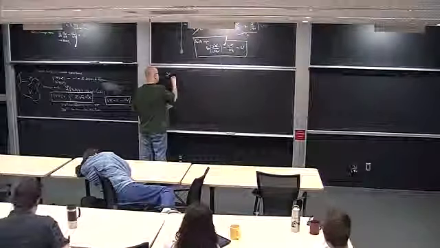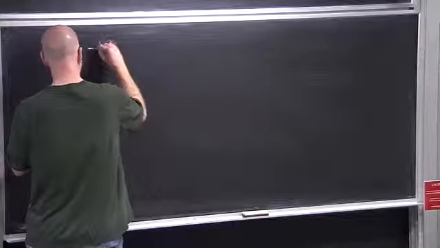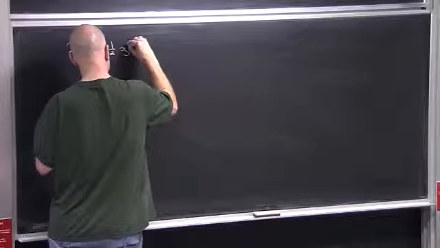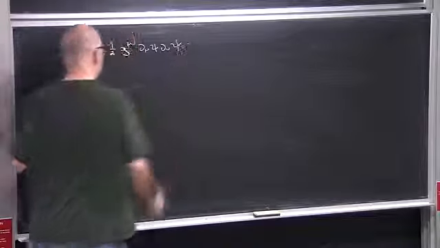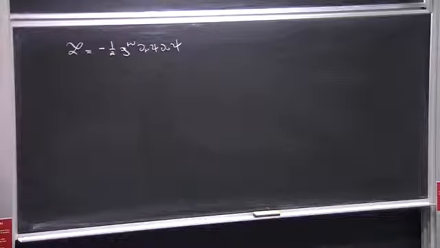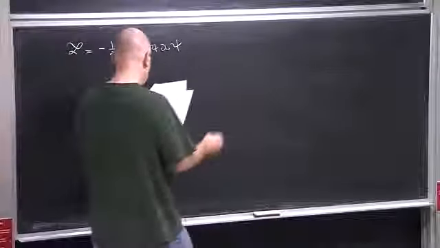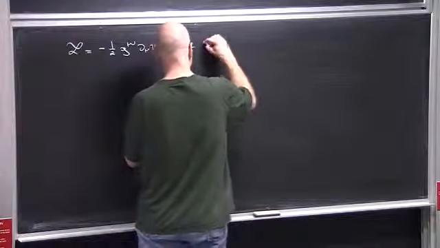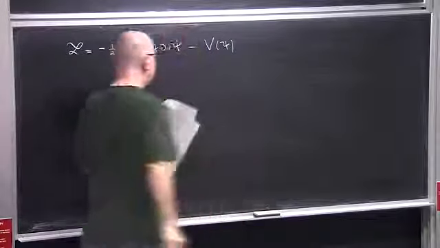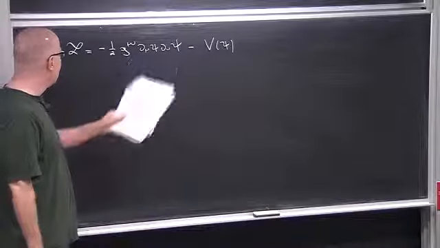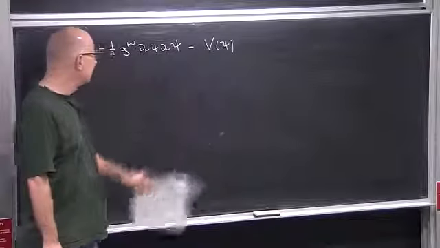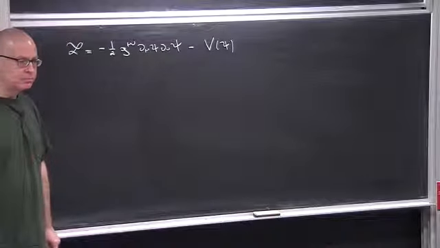A good candidate for a Lagrangian is going to be this combination of derivatives that combine nicely into a proper scalar quantity. And then I'll just write a self-potential energy that involves some function of psi itself. So this would represent the kinetic energy of the system, and this would represent the potential energy of the system.